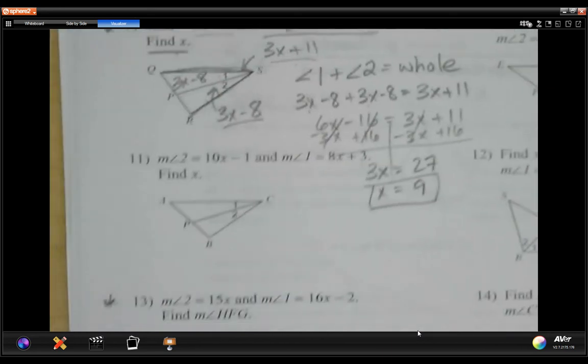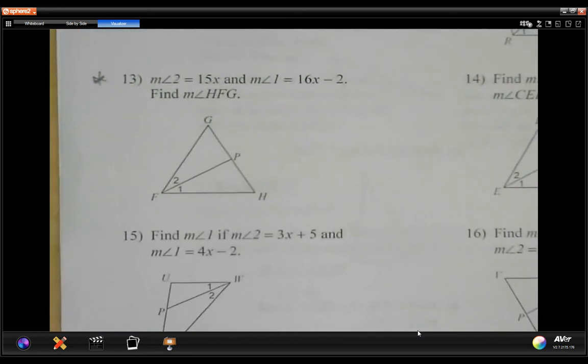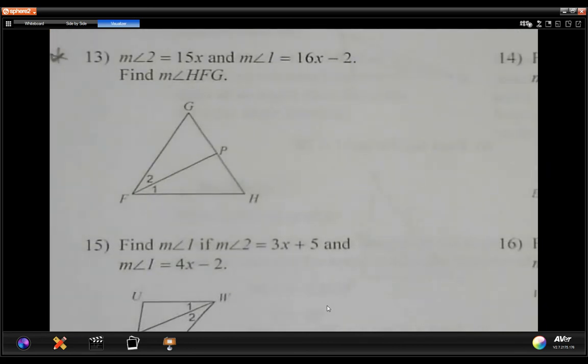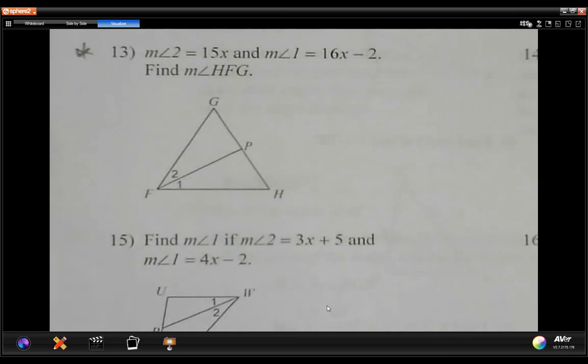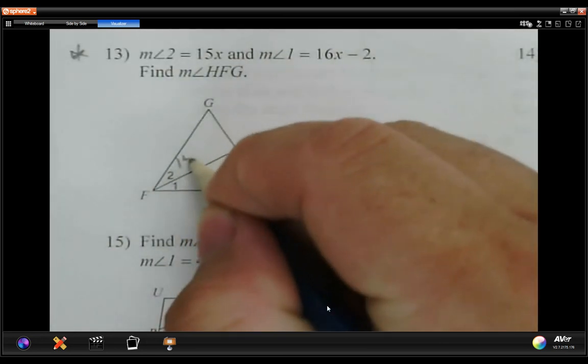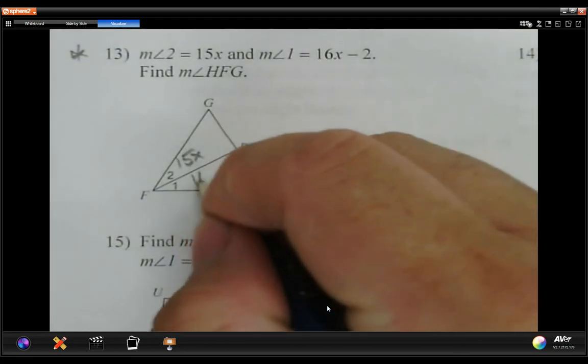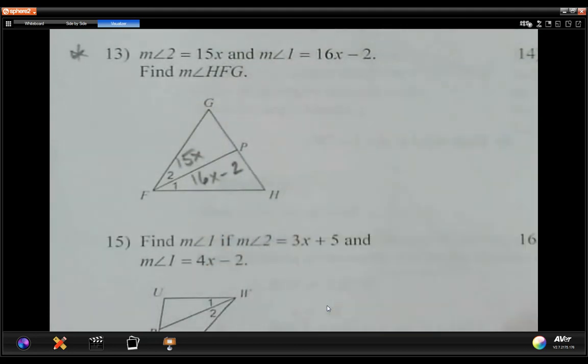Last but certainly not least, we have number 13. In number 13, it tells us that the measure of angle 2 is 15x. So I'm going to go ahead and write 15x right there. And it tells me the measure of angle 1 is 16x minus 2. So 16x minus 2. Now, what do I do with those two quantities? Well, first, let's look.